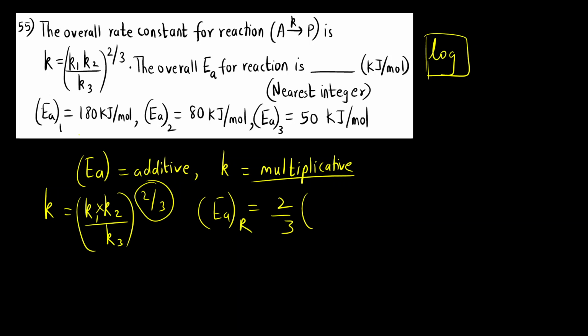K1 into K2, so corresponding to K1, EA1 is how much? This will be EA1 plus EA2 minus EA3.